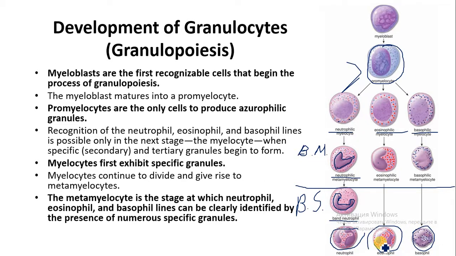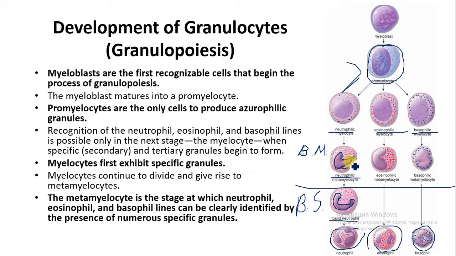Once again, sequence of events. Myeloblast produces promyelocyte. Promyelocyte produces three types of granulocyte myelocytes: neutrophilic myelocyte, eosinophilic myelocyte, and basophilic myelocyte. Nucleuses are still round in shape. Then gradually the amount of granules increases inside, respective to the name of the myelocyte, and nucleuses become bean-shaped.